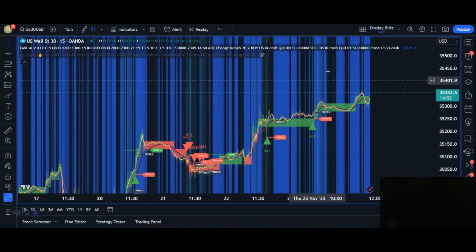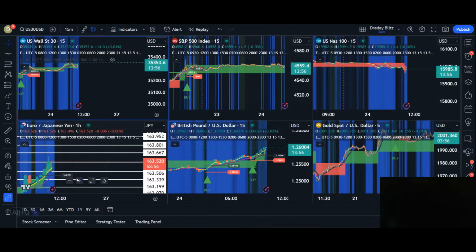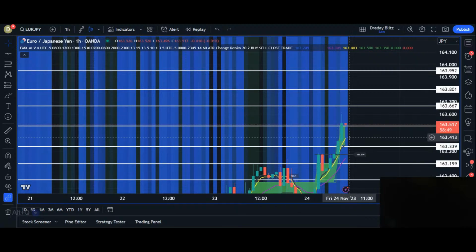Yeah, it's still going in an uptrend right now, so that is perfect. Are there any questions in regards to Euro JPY? I know Leon is currently in that trade. So let me know if you have more questions on that.